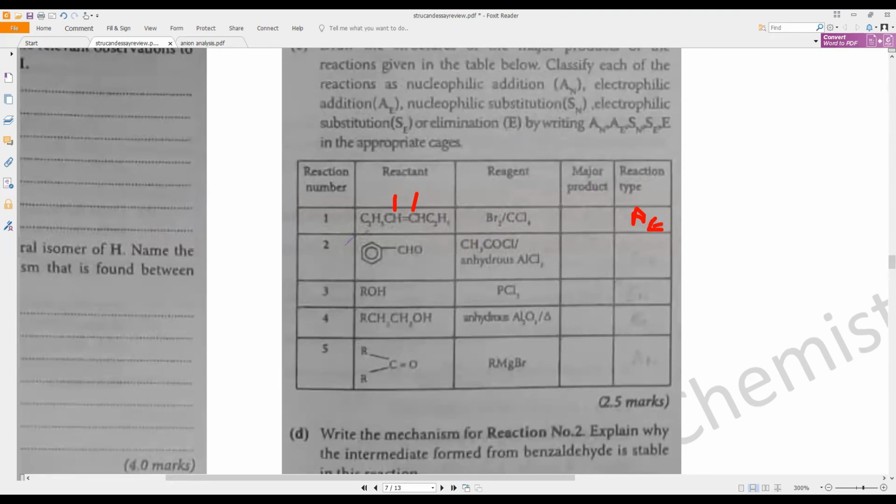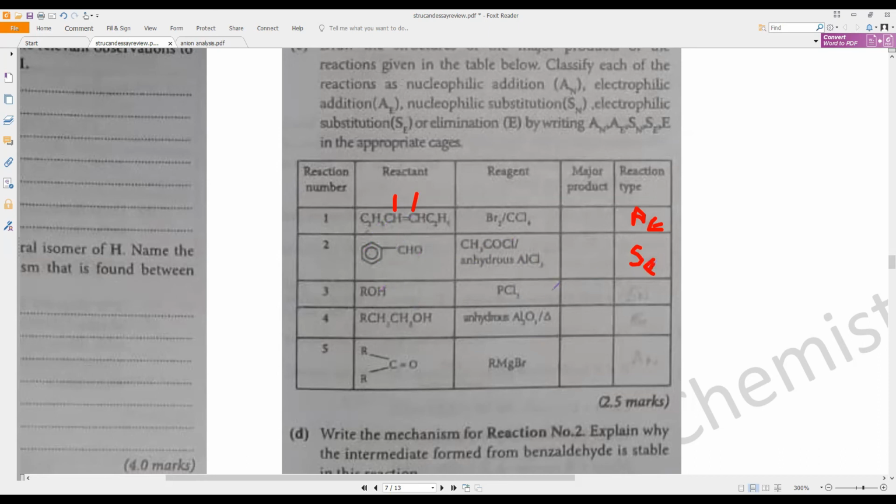Okay. And you have a benzaldehyde. You add CH3COCl. Benzene compounds always tend to go with substitution reactions, and since the phenyl group is electron rich, it goes to electrophilic substitution.